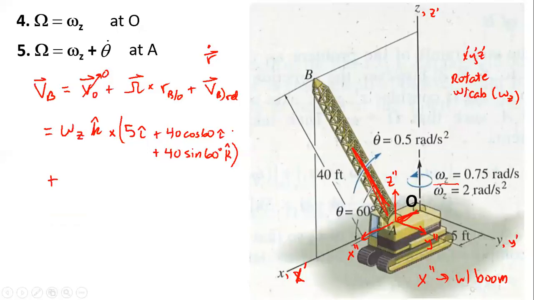All right, because our K's, we defined our Z as going up. This part's for 4, right? Because we've said our omega, for omega, we've defined that as being just the omega Z, right? So our capital omega, we said I'm attaching my axes just to the cab, and I'm going to center it at O and use O as the reference point.